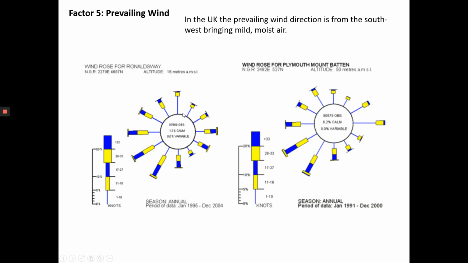These things are wind roses. I've put it on here just so that you can see it and you know what it's called. Wind roses are a type of graph. They show two things. The size of the bar out at the compass points shows where the main wind direction is coming from. In both of these cases, you can see the biggest bars are coming out towards the southwest because that's our main wind direction.